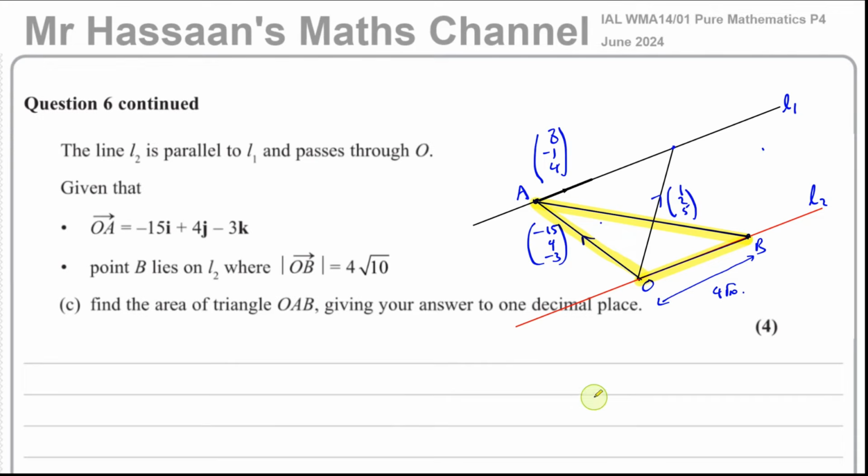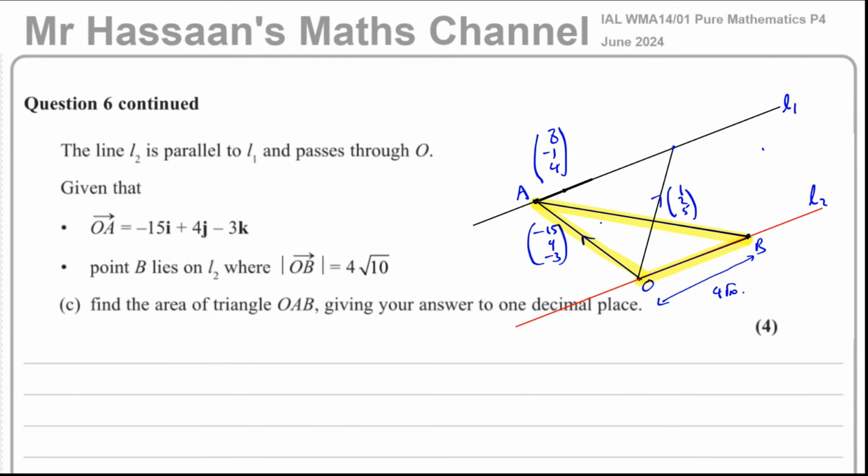AOB. To find the area of a triangle, we need two things. In this case, half base times height won't really help us because we're going to have to find the vertical height.